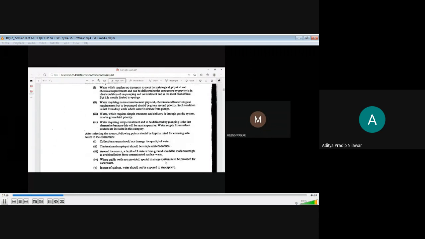What are these preferences? First preference should be given to water which requires no treatment to meet bacteriological, physical or chemical requirements. And we should be able to deliver this water to the consumers by gravity. If that is the condition, then we say that it is no treatment, no pumping condition.